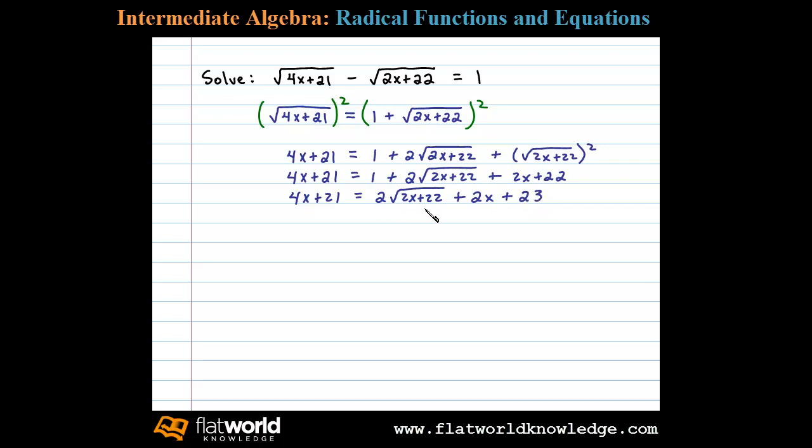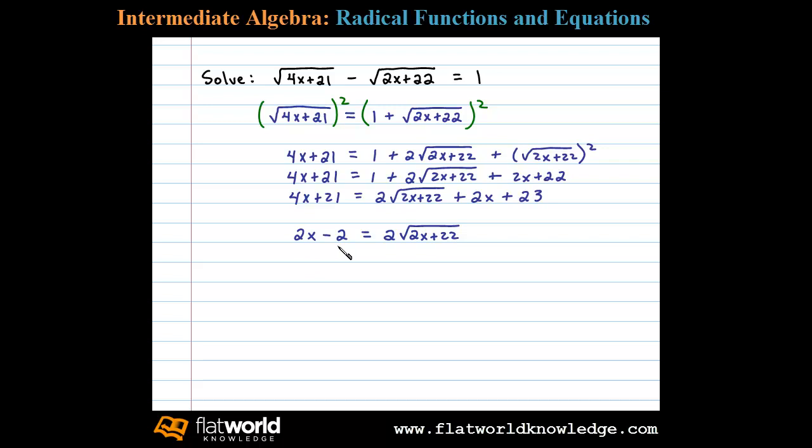Now at this point we'll isolate this term involving the square root by simply subtracting 2x on both sides and then subtracting 23 on both sides. And that'll leave us with 2x minus 2 equals 2 times the square root of 2x plus 22.